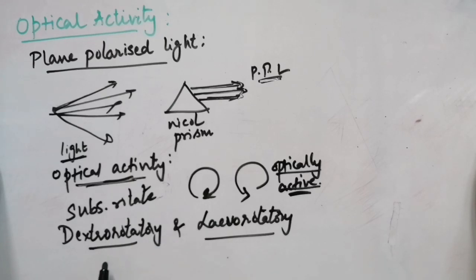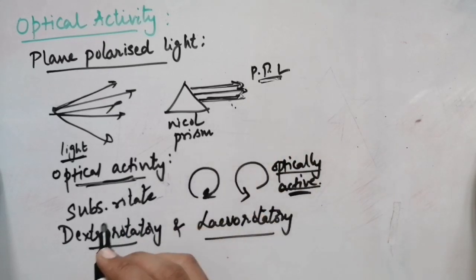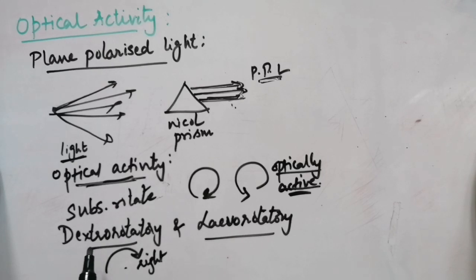Substances which rotate the plane polarized light towards the right, due to their structure, are known as dextrorotatory substances, and it is denoted by plus.